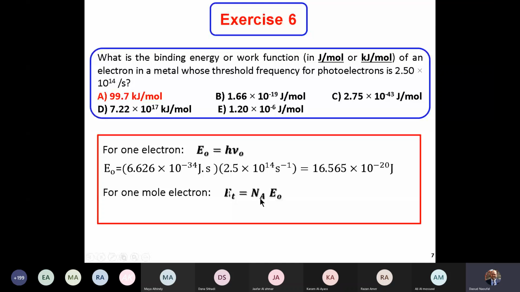So the answer is 99700 joule per mole of electrons, equal to 99.7 kilojoule per mole. We multiply by 10^-3 to transform joule to kilojoule. So the answer is A.